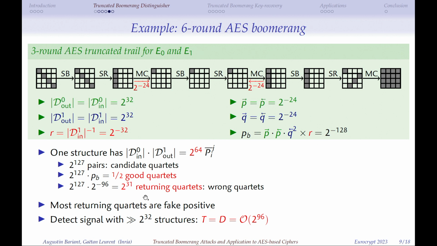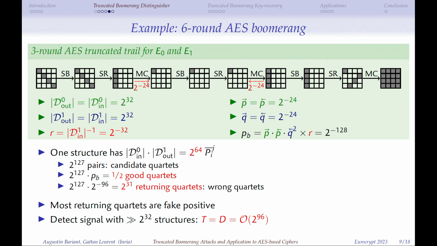What's slightly annoying is that, in fact, you have many wrong quartets, because the filtering you get is only 96 bits of filtering, because any difference on the returning side that is on one diagonal will be considered as a good difference. So you actually have many false positives. You have 2^31 in each structure.